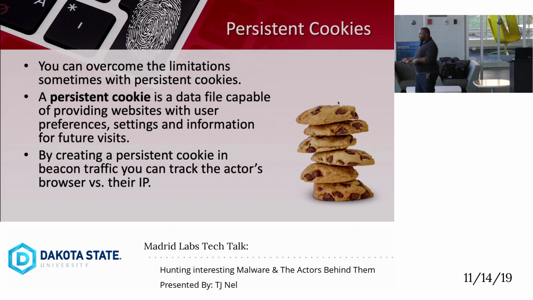When they go through Tor, they might be using their Tor browser, so that will be different. But if they go through their jump box and they're doing an SSH proxy or something like that, that's going to be the same browser, the same persistent cookie. So you can actually track the actor beyond the IP limitations using that type of information.